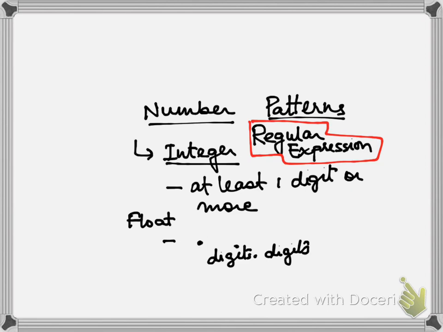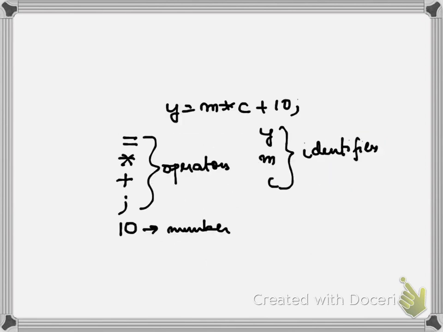Using these patterns, if I go back here, if I have a pattern given for number, I will be able to recognize that this is a number. So the pattern or the regular expression for numbers will give me this. Similarly, for identifiers also I can have different patterns. Like I may have a pattern.